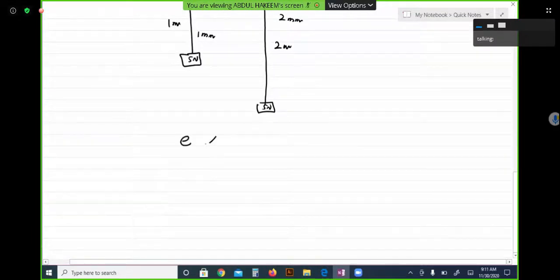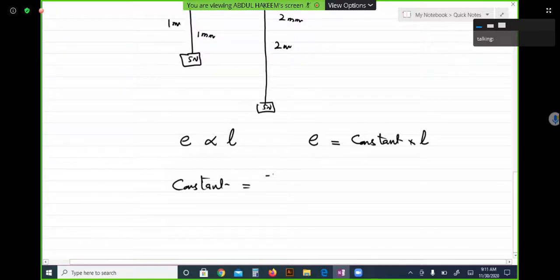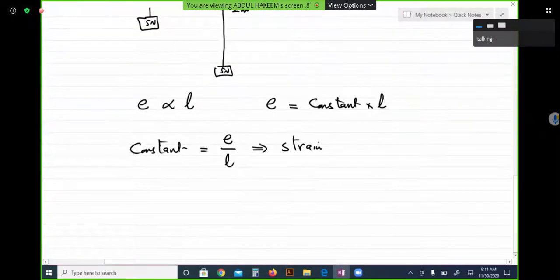Now, we can write E directly proportional to L, or extension is equal to a constant times length, and this constant, which is the ratio between extension and the original length, in physics is called strain. It's a physical quantity, but has no unit. So it is called a dimensionless physical quantity.